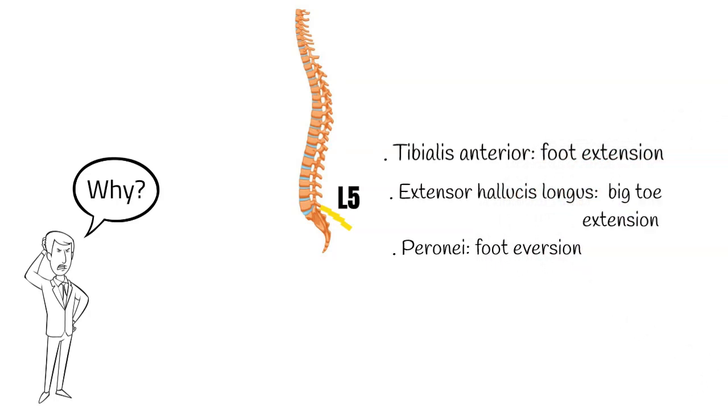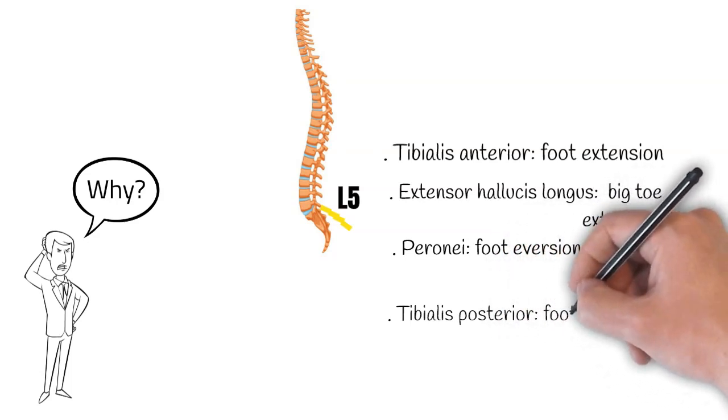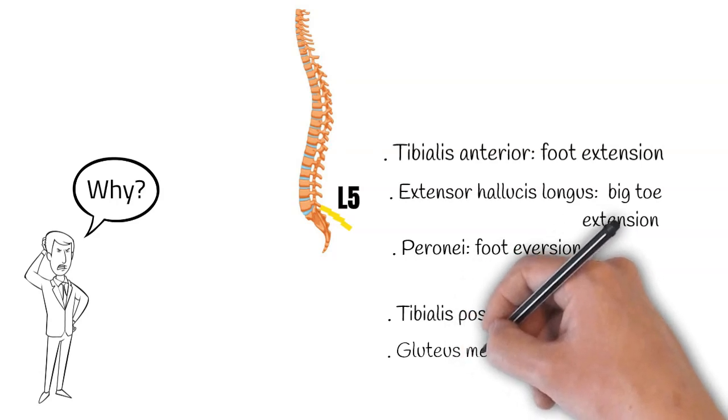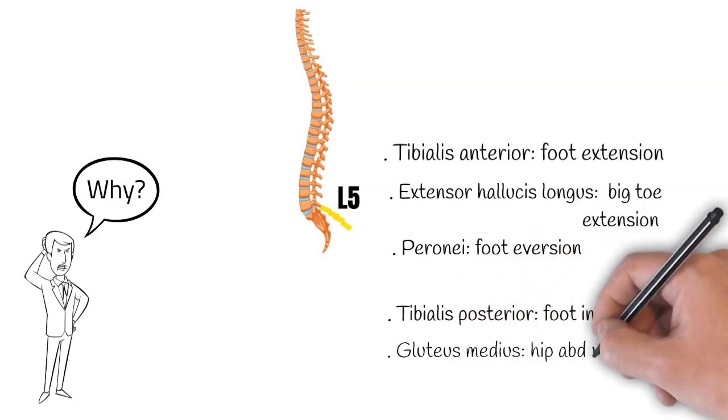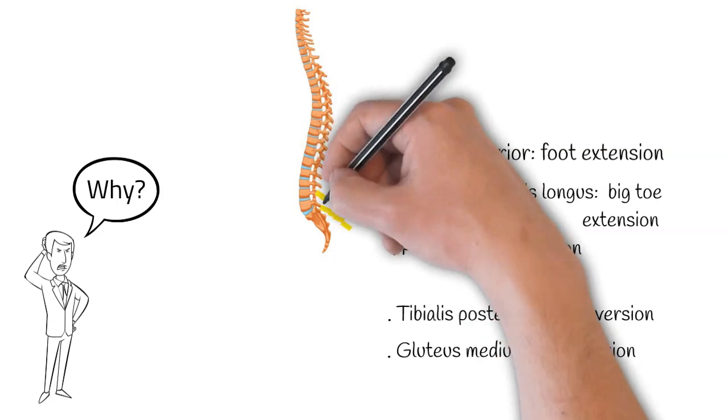The L5 root also supplies the tibialis posterior, which is responsible for foot inversion, and finally the gluteus medius muscle for hip abduction. In case of L5 root lesion, all these muscles will be affected.